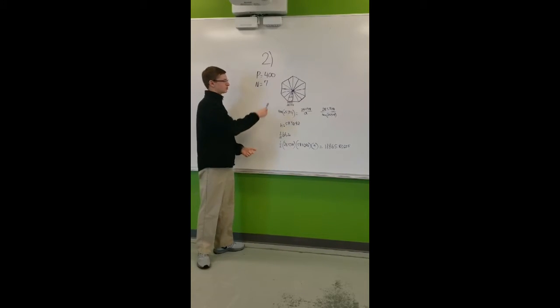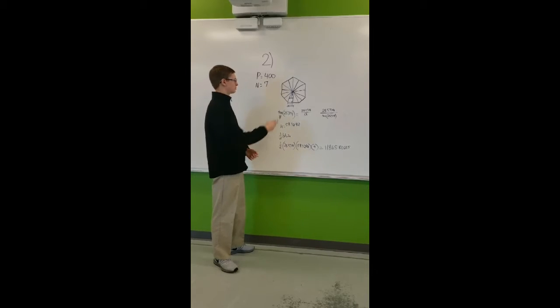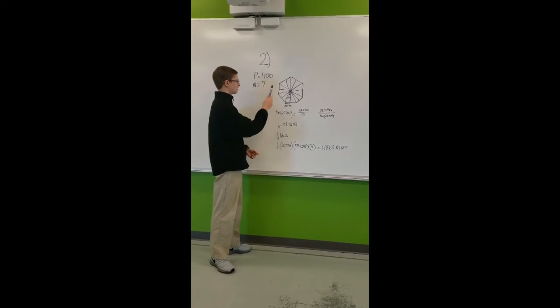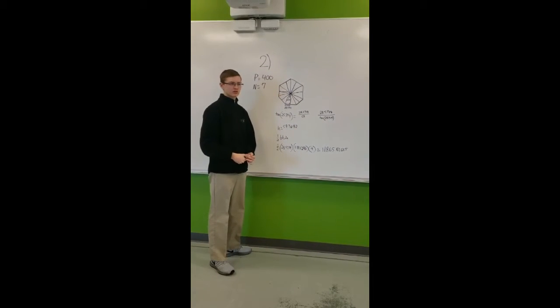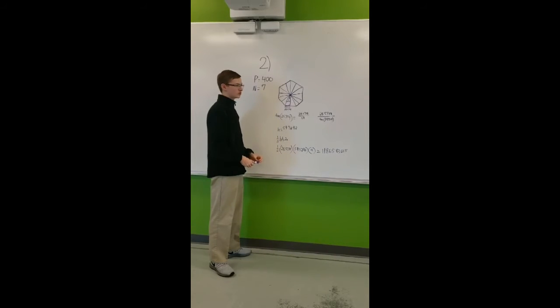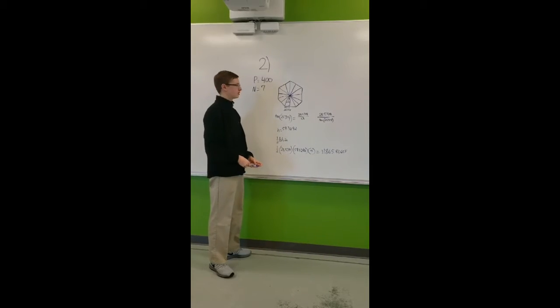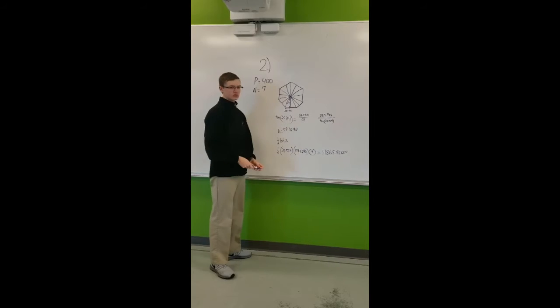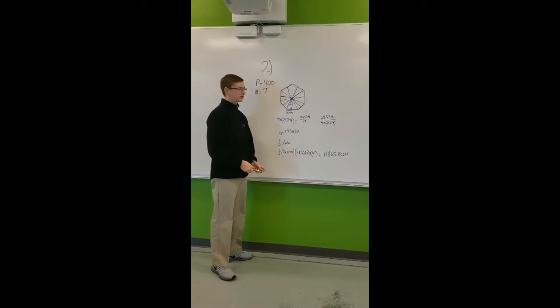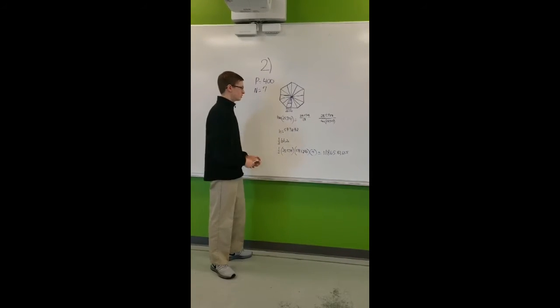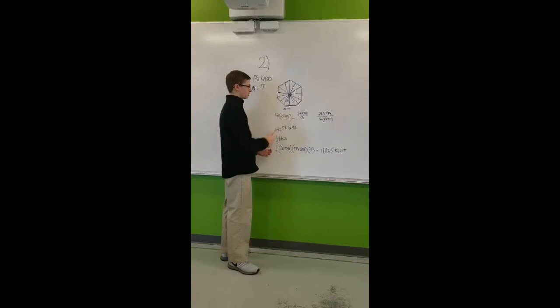So I drew a heptagon here and divided it up into triangles, and then I was going to find the area of those and multiply it by how many there were. But I needed a right triangle, so I divided it again and got 14 triangles. So we got a right angle here.